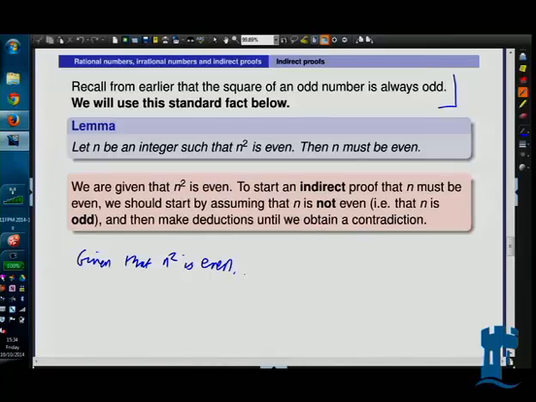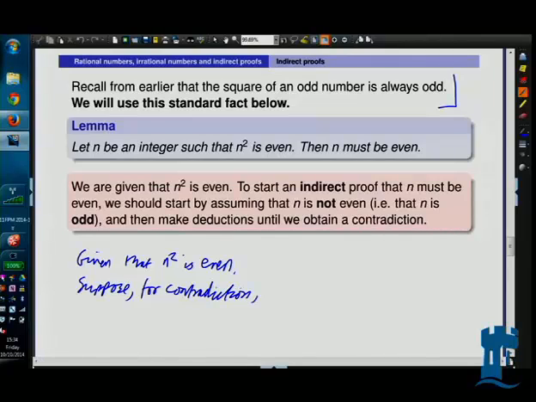Now I'm going to suppose for contradiction. There are lots of ways of phrasing this bit, but it's a good idea to make it very clear where your dodgy assumption is so that you know what it is you've contradicted later. So I'm going to write it this way. Suppose for contradiction, though I know some people who like to say suppose or assume towards a contradiction or various versions of this.